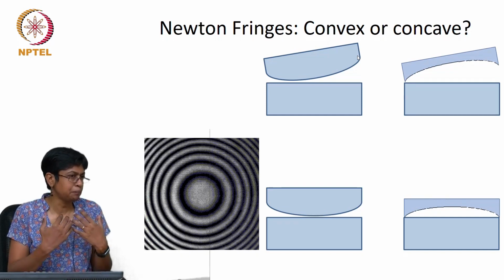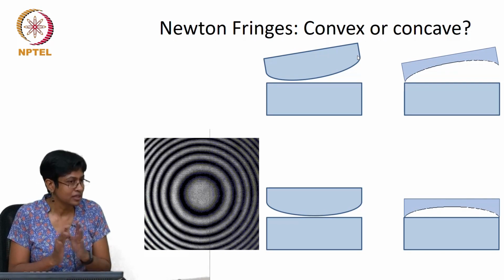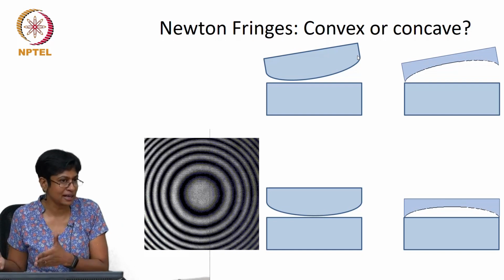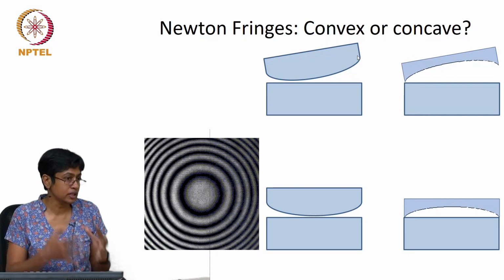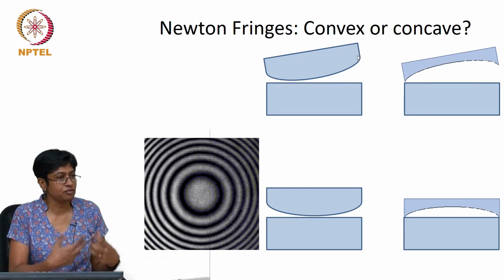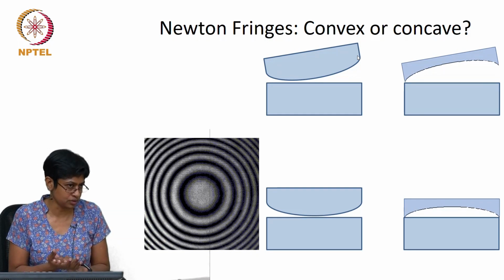Doesn't matter if it's a plane wave that's tilted, if it's a spherical wave, it's a diverging wave, it really doesn't matter. The point is you know everything about that wave, and you're interfering it with a wave you don't know anything about, but from the fringe pattern you can extract information about the unknown. That's the idea. Okay.